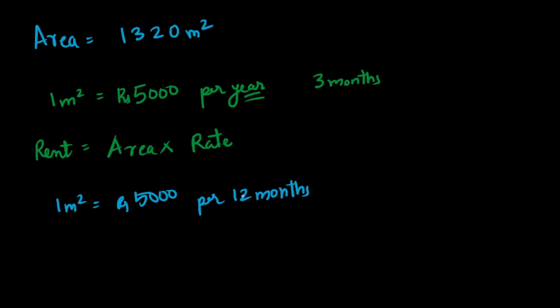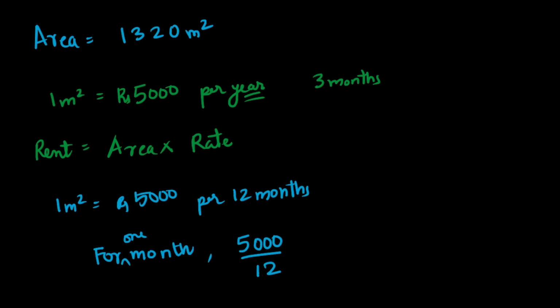I hope it's clear. 1 year has 12 months. So for finding it for 1 month, what should we do? For 1 month, you should divide 5000 by 12.